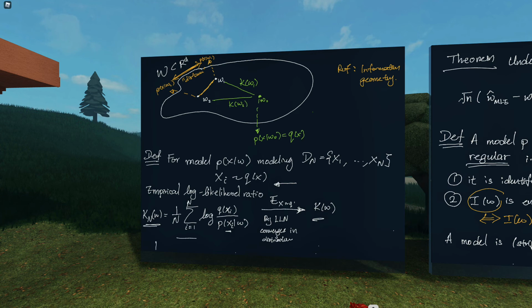And just to point out that Kn, if you write this out in terms of two sums, is equal to negative 1 on n.